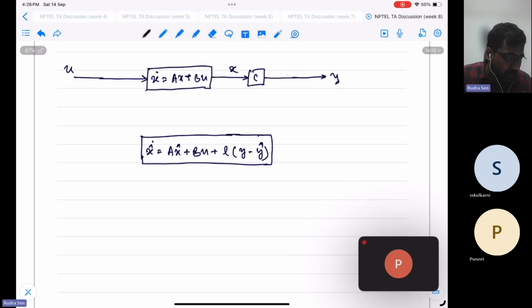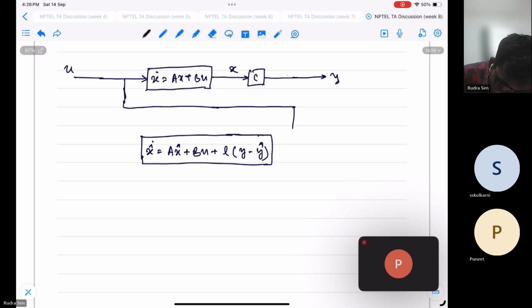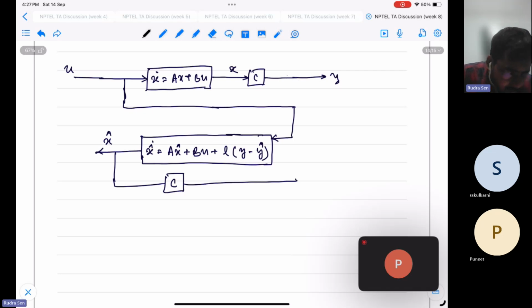From here we can see that obviously u is the input to the observer as well, along with y and y hat. From here I am getting x hat, the output. When this x hat is multiplied with C, I get y hat.